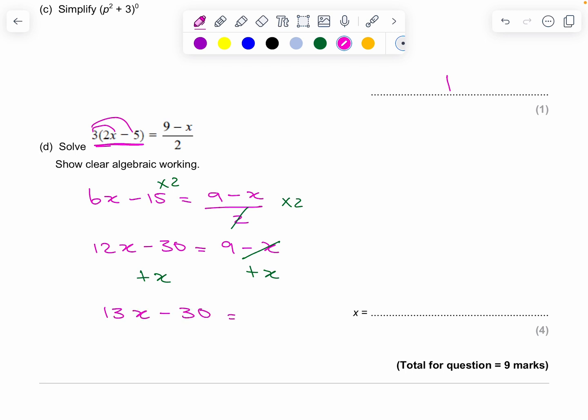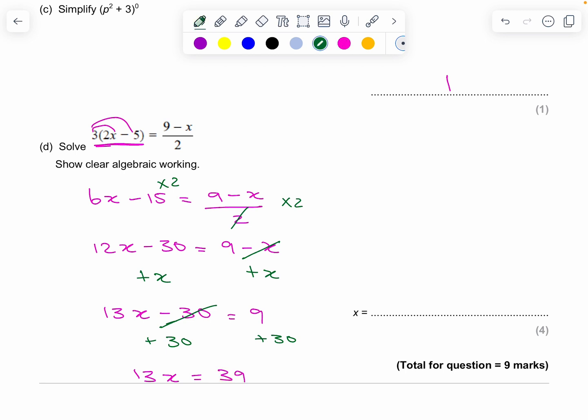And then on the other side, we've just got the 9 left. Then, to get rid of the take away 30, I'm going to add 30 to both sides to give me that 13x equals 39.